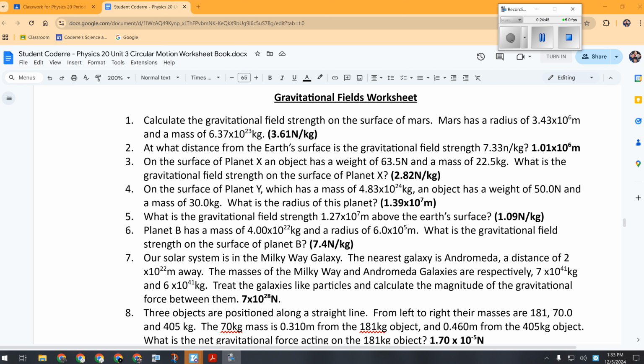I skipped a couple here, sorry. Number 2, 3, 4, 6. Okay, are the ones I want you working on. And then we might look at 8. It's not a field strength question, but we'll look at it, okay, in a bit.